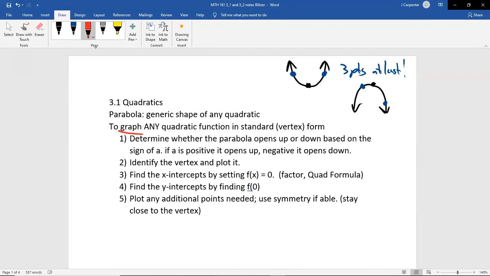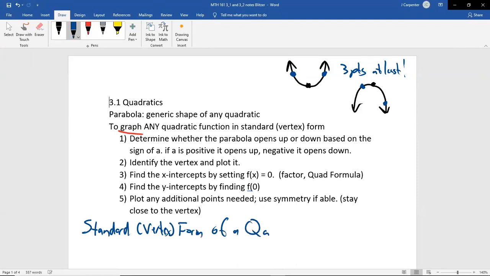First, determine whether the parabola opens up or down. You can do so based on the sign of A. If A is positive, then it opens up, and if it's negative, it opens down. What am I talking about? What A? I haven't written an A anywhere. Well, that's going to refer to what we call standard or vertex form of a quadratic.